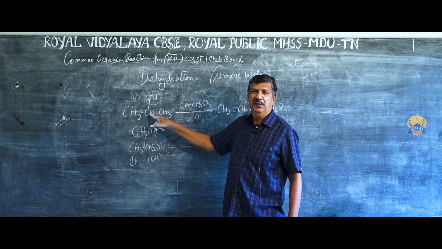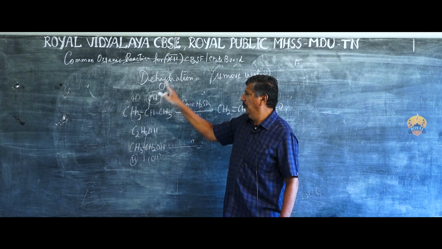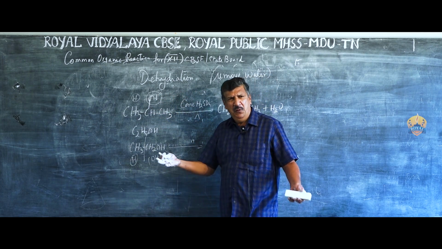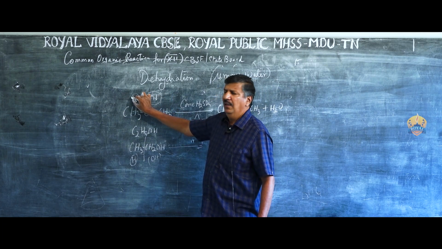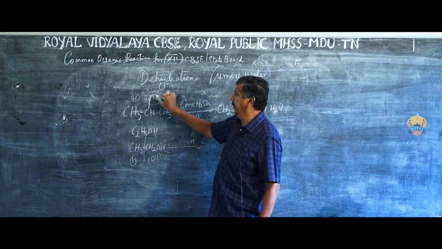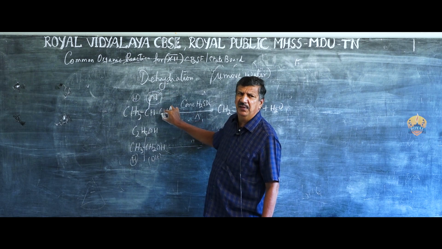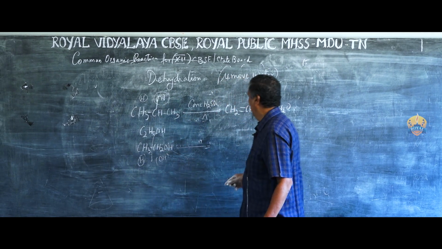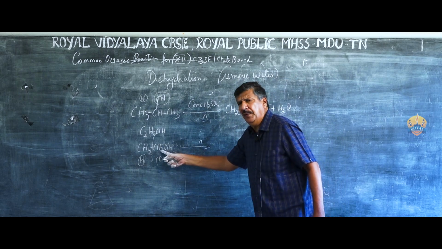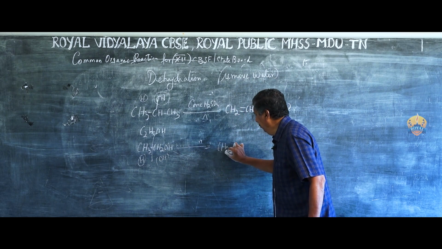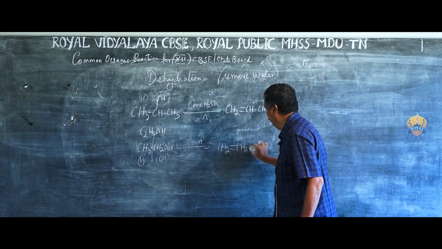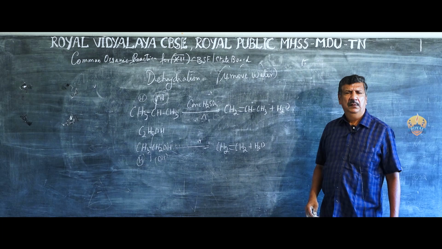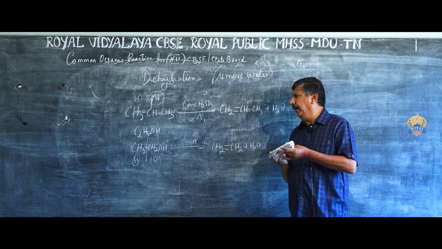Be careful. If you want, you can remove like this, or like this. When you remove like this, you should create a double bond here. That's all. Then what will be the product? CH2=CH2. That's all. Ethylene.